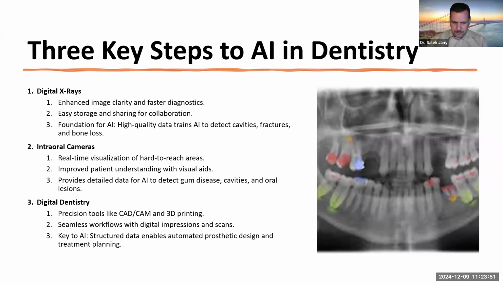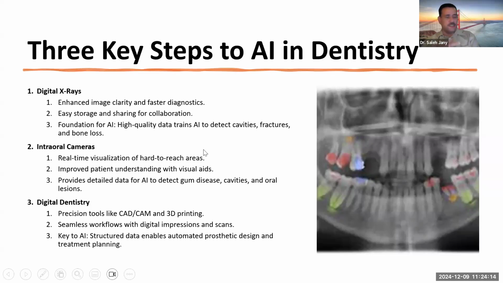And there was a machine like 10 years ago, CEREC. It has a very fast camera scanner. It scans the tooth after preparation, and there is a milling machine that mills the crown. That was one of the first steps.